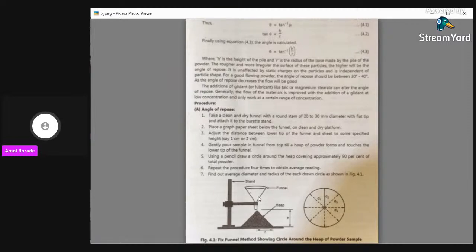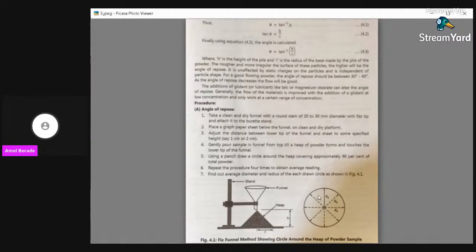We will get a heap of the powder, a cone shape of the powder, that will rest on the graph paper. Now you have to make a circular boundary, as you can see over here in the diagram. For the heap of the powder, you have to make it with a pencil.